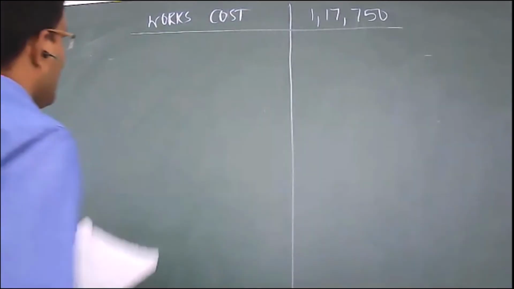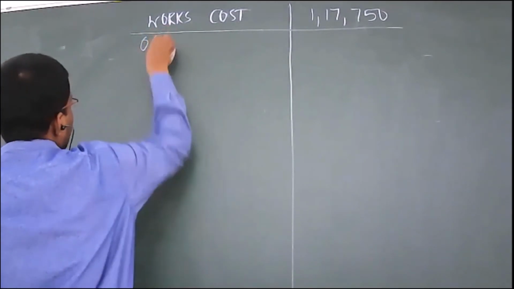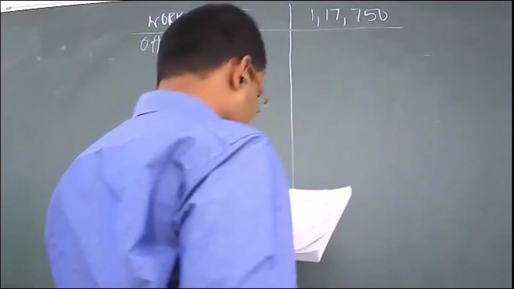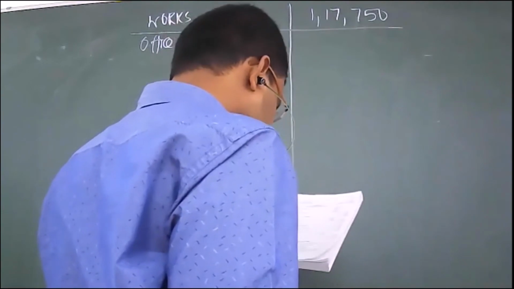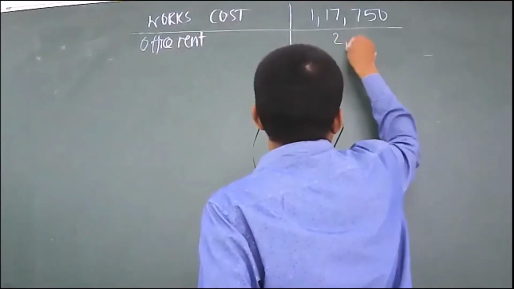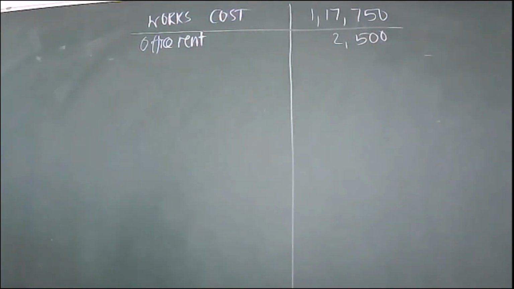The office and administration overhead that I have here is the office rent, which is 2,500. If I add my office rent to works cost, the resulting figure is referred to as cost of production.